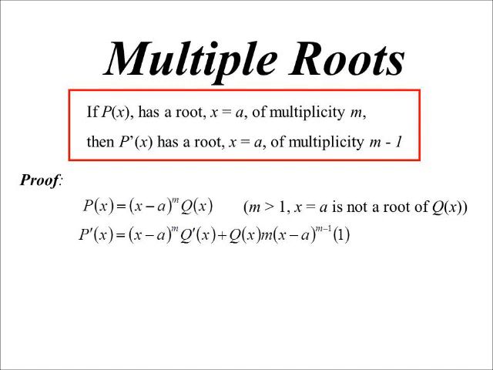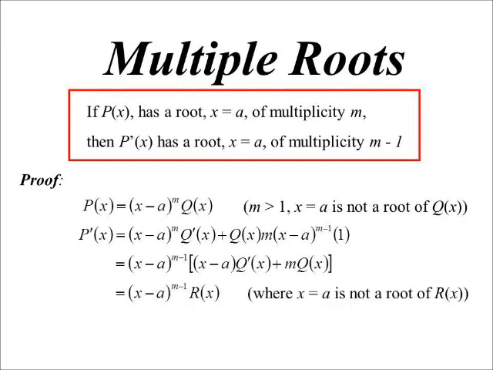Now, if we have a look at all that, there is indeed a common factor of x minus a, and we always factorise out the lowest power. So we'd have x minus a to the power of m minus 1, and then, well, the second product would be some sort of polynomial if we were to expand that all out. So I could just say, okay, it's times some other polynomial, which I've called R x.